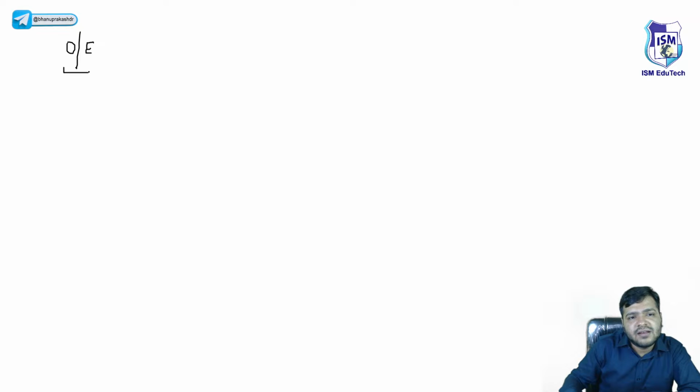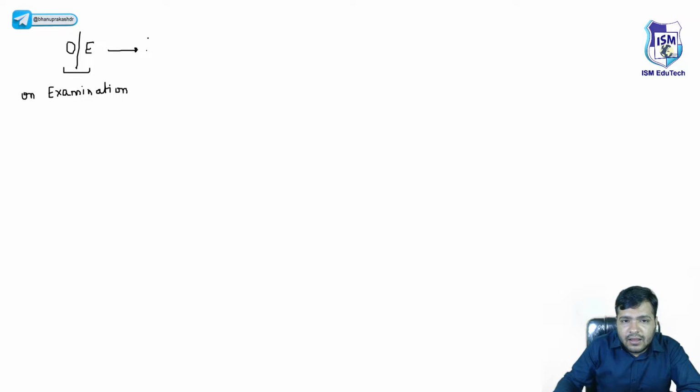On examination, beta. OE stands for on examination. अभी मैं लिख रहा हूँ complete, बाद में आप लोग को पता होना चाहिए. In my future lectures I won't write it complete. On examination, okay. Now firstly you should know what is the best time to examine.